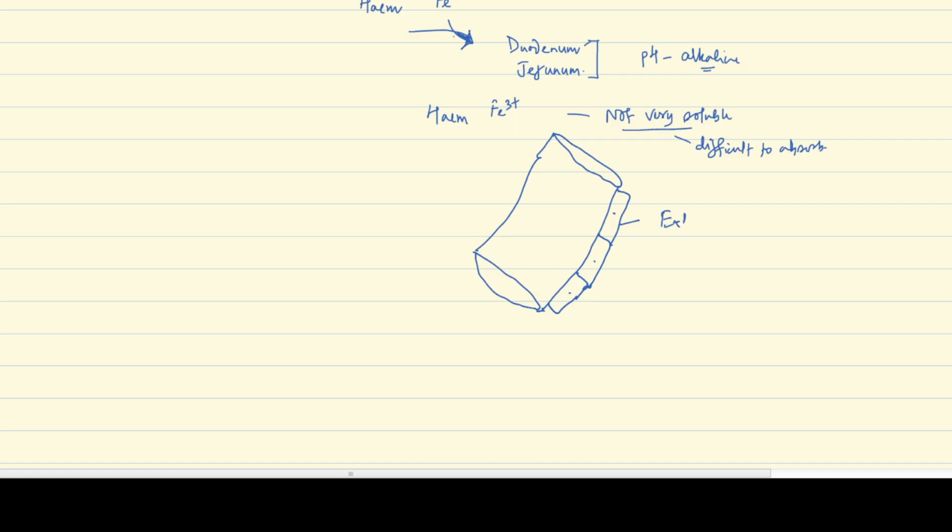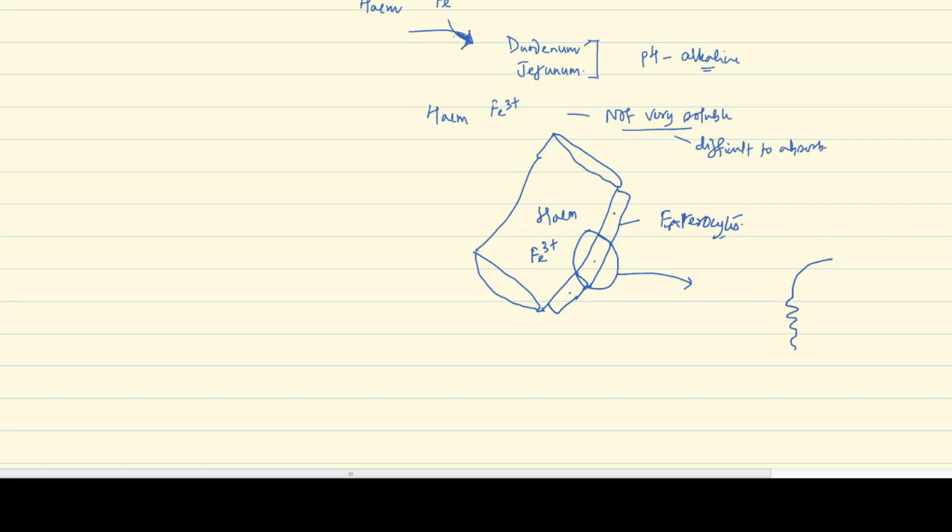Enterocytes, meaning the cells of the enteron, which is this intestine. So we've got the ferric form as well as heme. Let's blow one of these cells up. Let's make it like so.